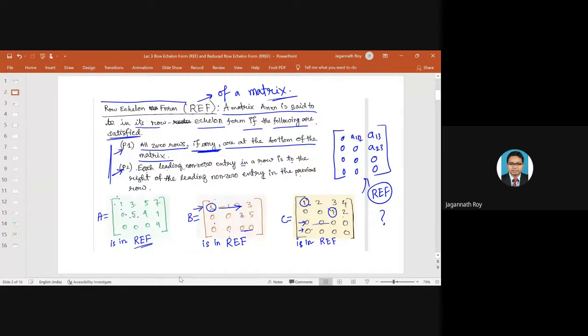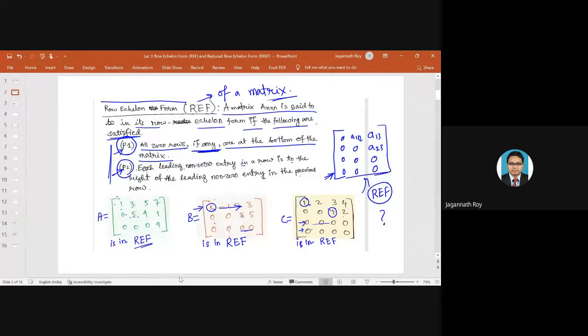The answer is yes, because it needs to satisfy property 1 and property 2, nothing else. Property 1 says that if zero rows are there, they should be at the bottom of the matrix. So these two rows are at the bottom.